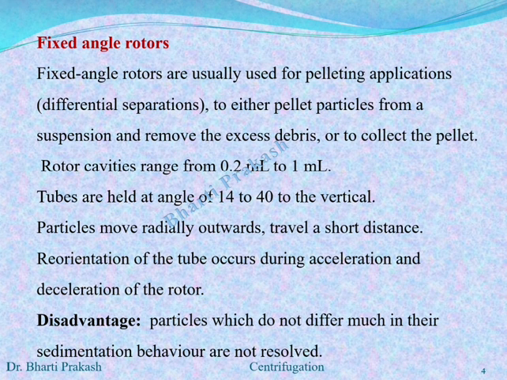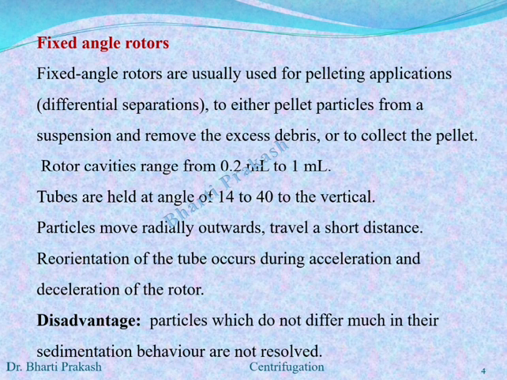We take up the first type of rotor, the fixed angle rotor. These rotors have holes within their body and one can slide the centrifuge tubes within these holes. Since the holes are at angles between 14 degrees to 40 degrees to the vertical, the tubes and the solution within also take the same angle.